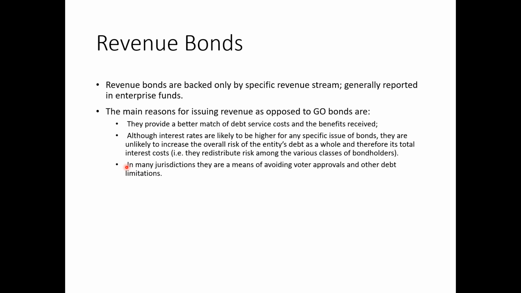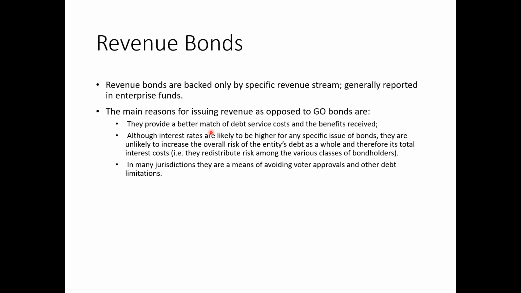But the true reason to have those revenue bonds is that in many jurisdictions they're used to avoid voter approval and other debt limitations. The general obligation bond is very strict, subject to voters' approval. But for revenue bonds, many times they are not subject to voter approval.